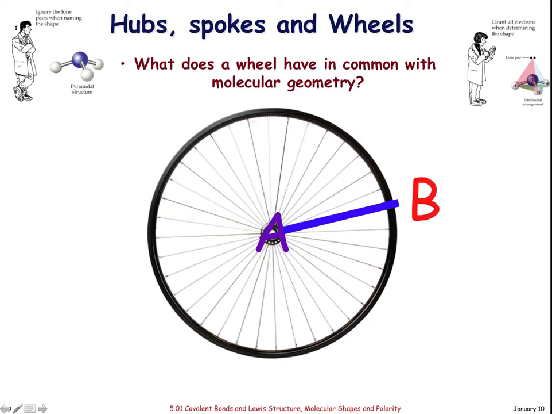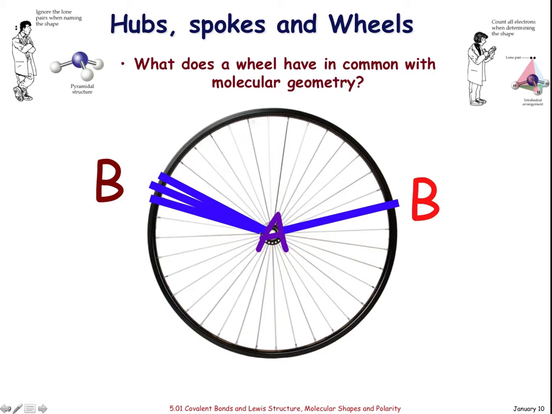If you've got one atom that's bonded to the central atom, think of that as one spoke. That's one region. If you've got two bonds, or three bonds bonded to an atom, think of it as a very strong spoke, but nevertheless a single region of electron density.